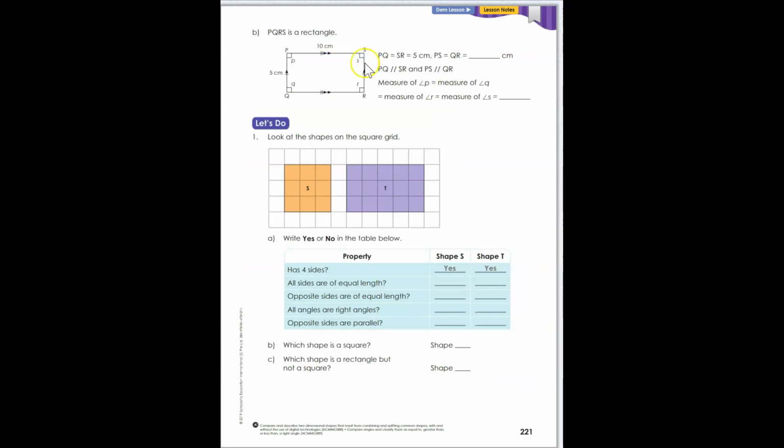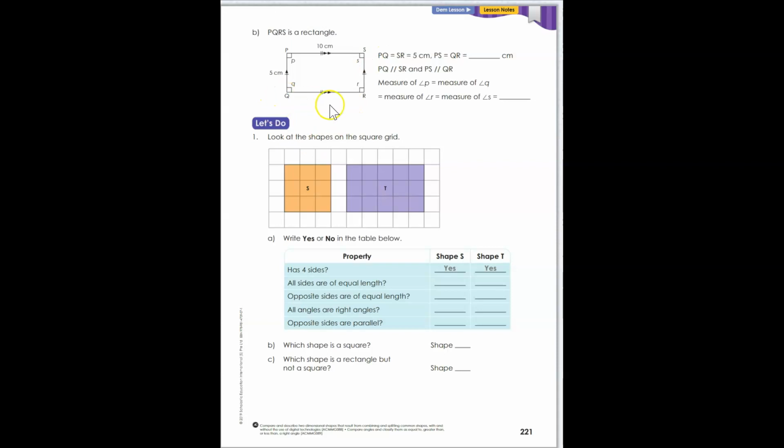All right, so PQRS is a rectangle. So PQ equals SR. There's PQ and it equals SR. All right, these are 5 centimeters. So this line and this line are the same length. They're 5 centimeters. So PS equals QR.